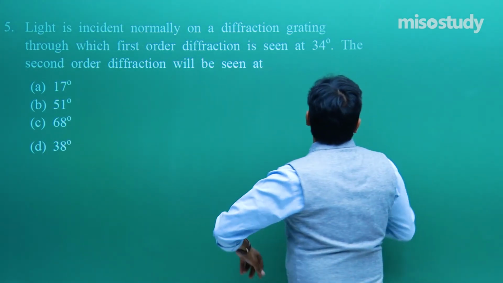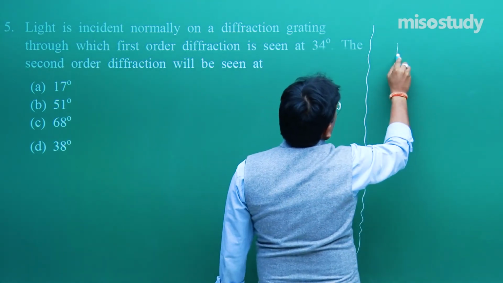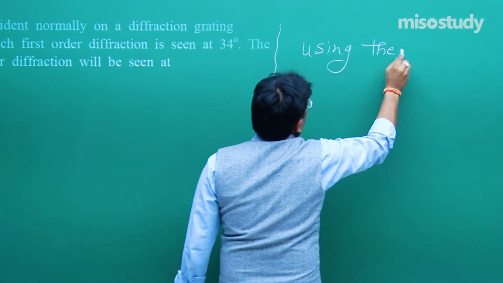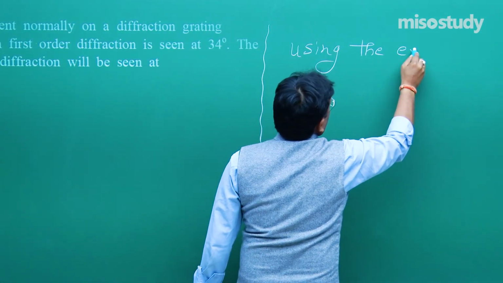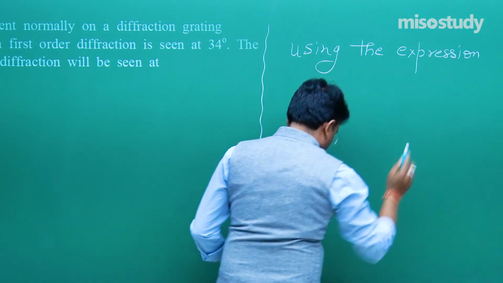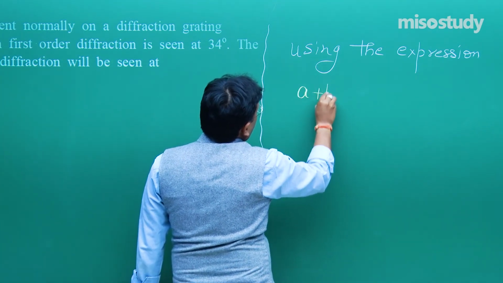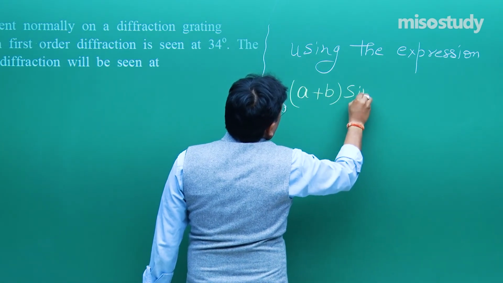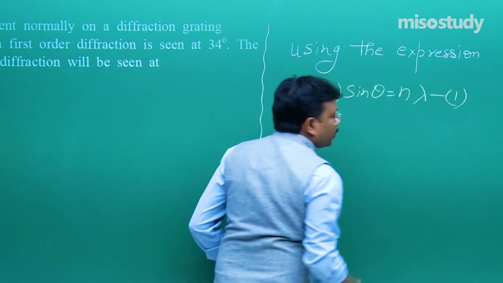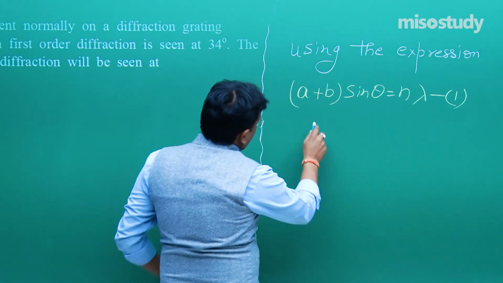And what is that formula? That is using the expression (a plus b) sin theta is equal to n lambda, equation number 1. This is the general result that we are supposed to use.